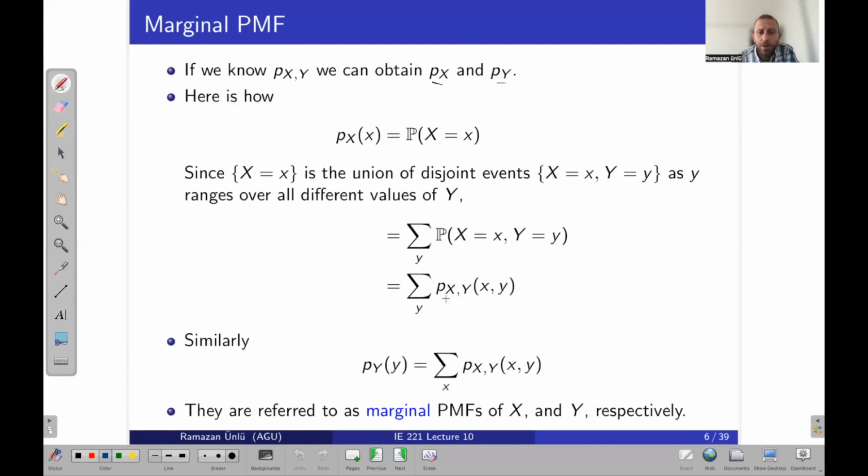So the mathematical representation of this, what we did, is the joint probability mass function, and I will change the y values and sum up all probabilities for the different y values.